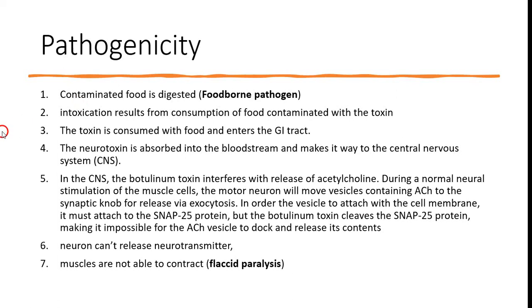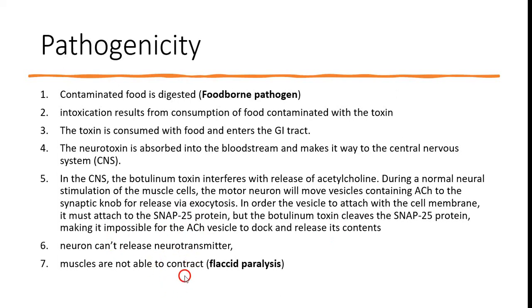And so then that neurotoxin gets absorbed into the bloodstream and gets into the central nervous system. So once it gets into the central nervous system, as already mentioned, it's going to interfere with the release of acetylcholine. And so therefore, the neuron can't release that neurotransmitter, and then muscles are not going to be able to contract.